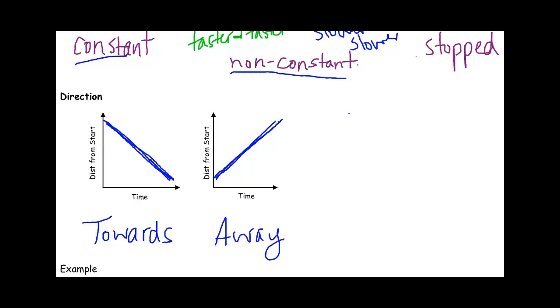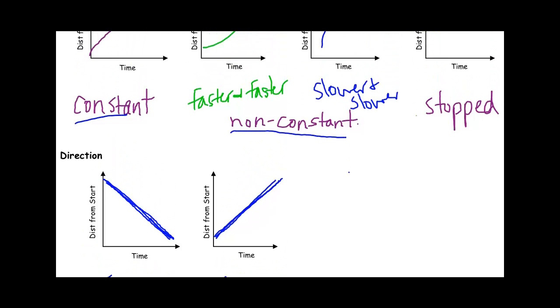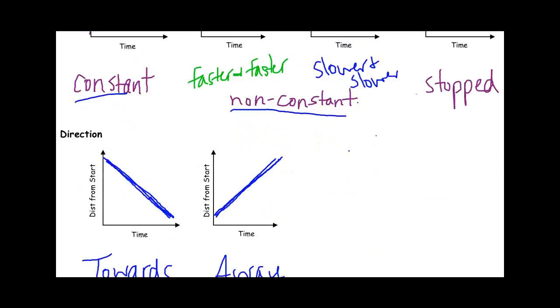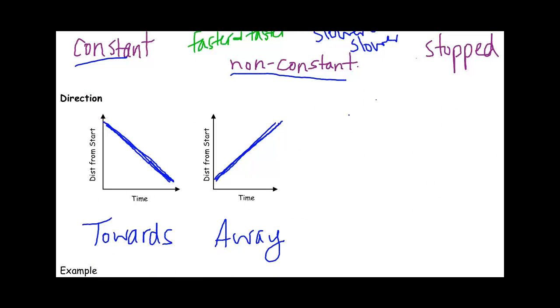So I'm also going to make a little note here that the direction is actually going to affect the graph of these faster and faster and slower and slower. So both of these here, these were both going away from the motion detector, but if we were walking towards the motion detector, what would faster and faster look like?